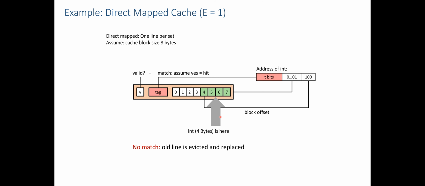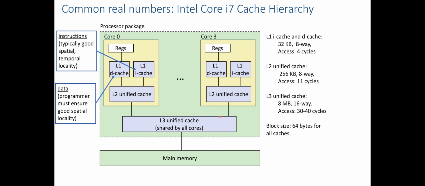And so now, just as an overview again of our common architecture, a Core i7 from Intel. Here's our L1 and L2 cache, and notice that it's 8-way. So this is that E equaling 8.